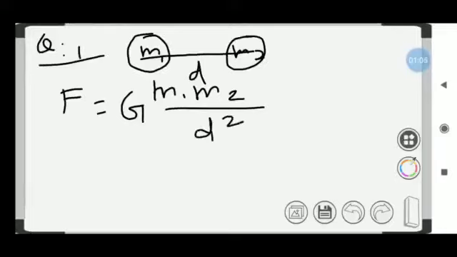Now the question is, when the distance is reduced by half, I have taken d equal to d by 2.